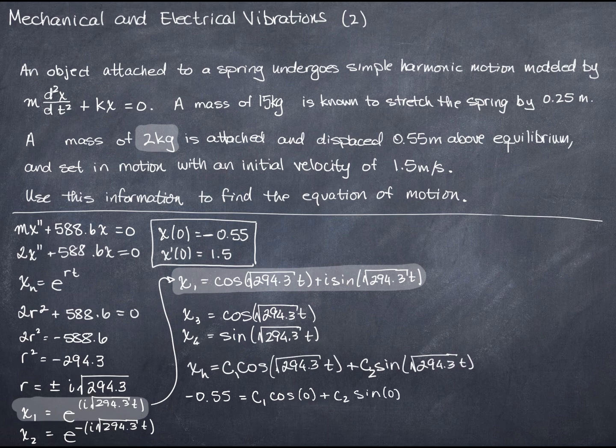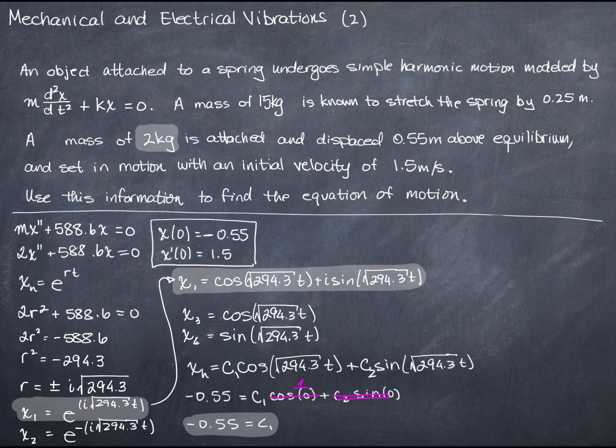And of course, this goes to 0 because the sine of 0 is 0, and the cosine of 0 is 1, so this becomes 1. And I end up with the equation negative 0.55 equals C1. So now I know what my C1 value is. Well, that was easy. Let's go ahead and highlight that.